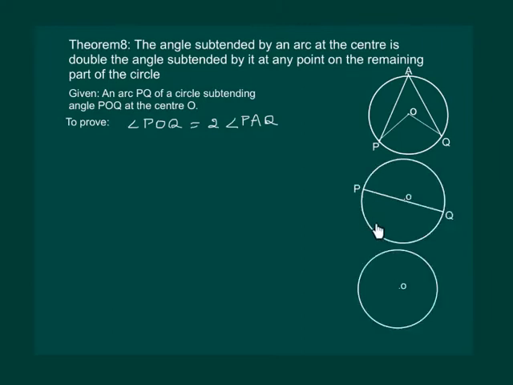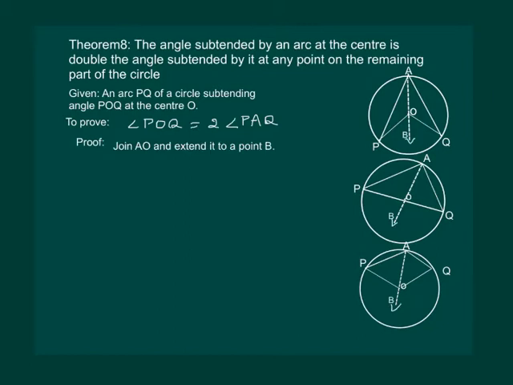When PQ is a semicircle, our figure will look like this. And if PQ is a major arc, then our figure looks like this. And we join AO for the proof. We extend this line to a point B.